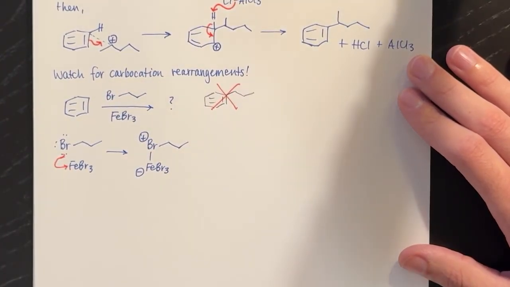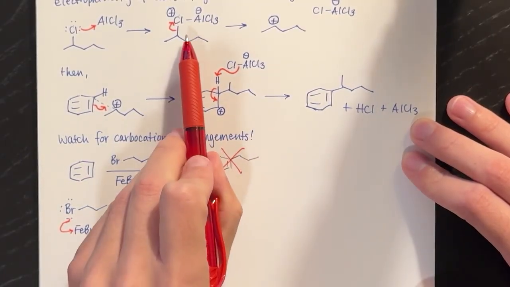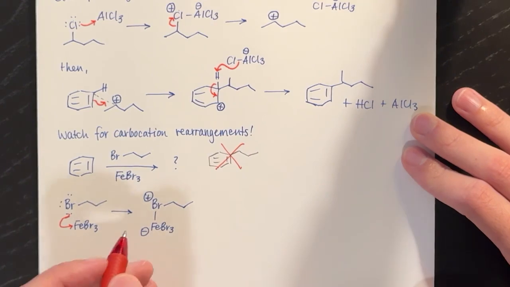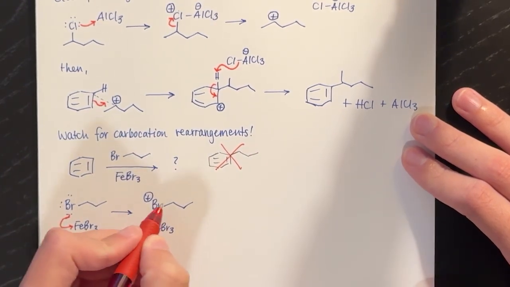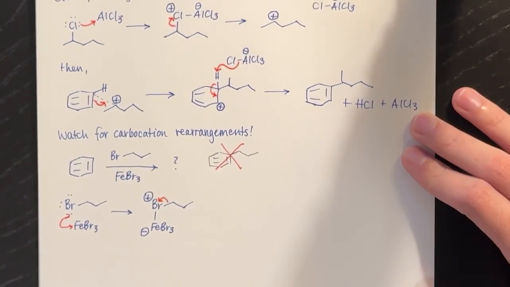Like that. And then, like we did up here, we're going to break the carbon-halogen bond and generate a carbocation. So this carbon-bromine bond right here, those electrons are just going to go and hang out on the bromine.